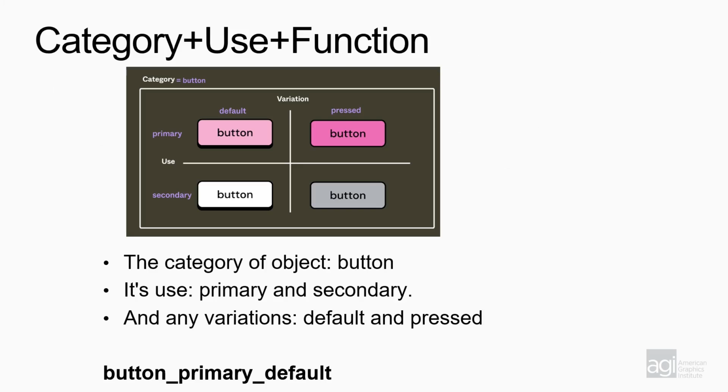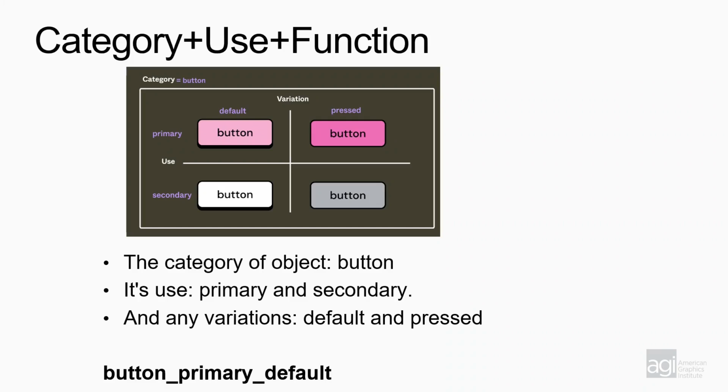Some people use the category, what the use is, and what the function is. So if you see at the bottom, button underscore primary underscore default, it's whatever you want. You just have to come up with your system, but it's a really good idea to start this.